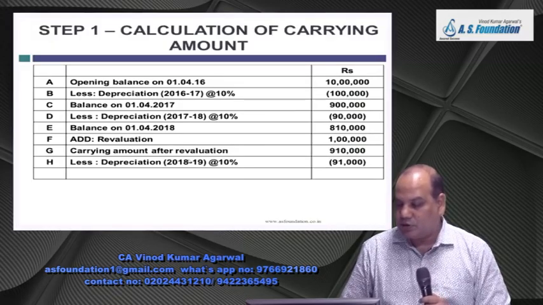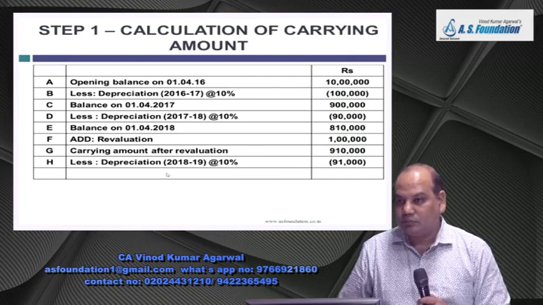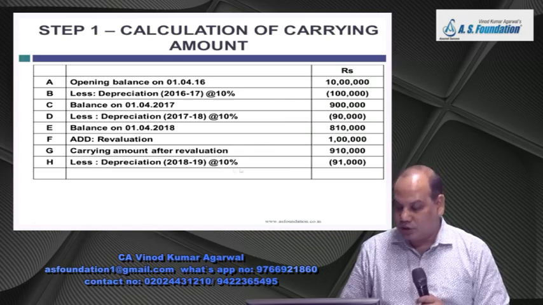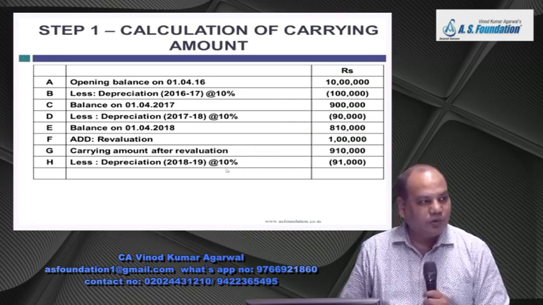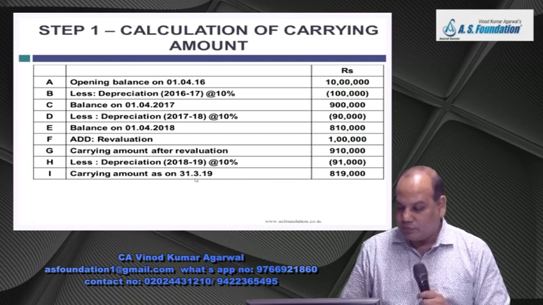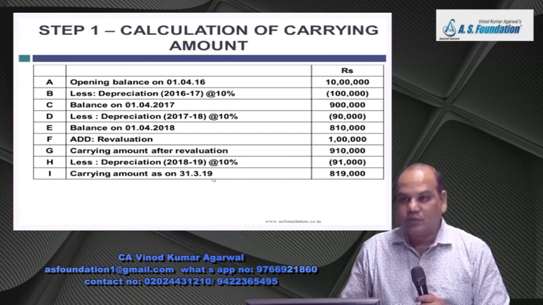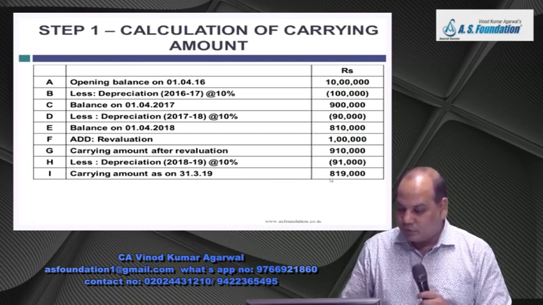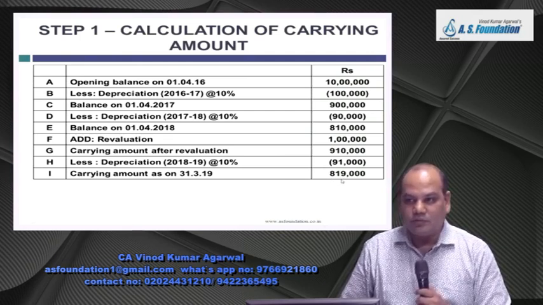So what is the depreciation for this third year? 91,000. Assuming that the rate will not change. Normally the rate should change if you are using WDV method. Assuming the rate does not change, my carrying amount as on 31st March 2019 is 8,19,000.